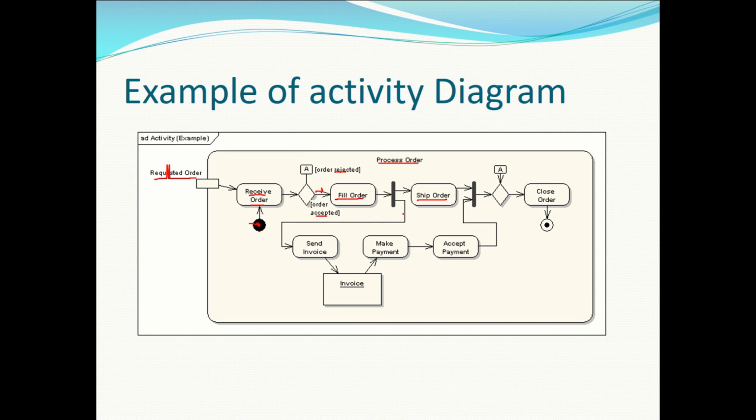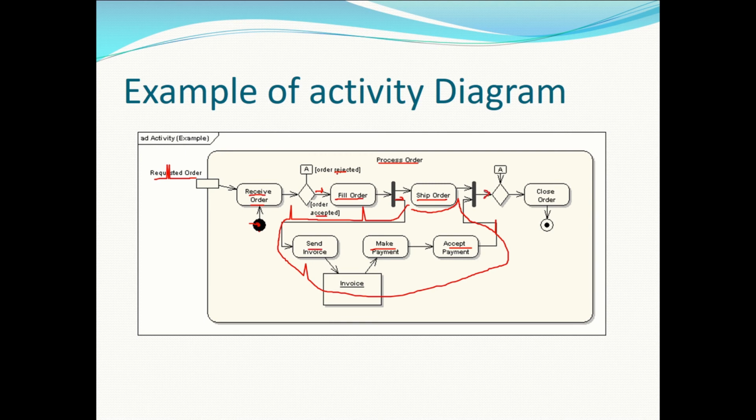At the same time, we'll have to send the invoice, make the payment, and accept the payment while we are shipping the order. So these two processes are together. This is more than one process running at the same time with the shipping order group of processes, and it will go to the join. Okay, the join for what?